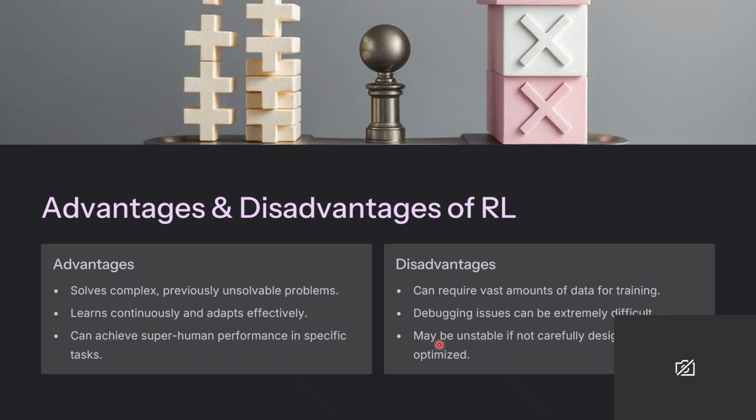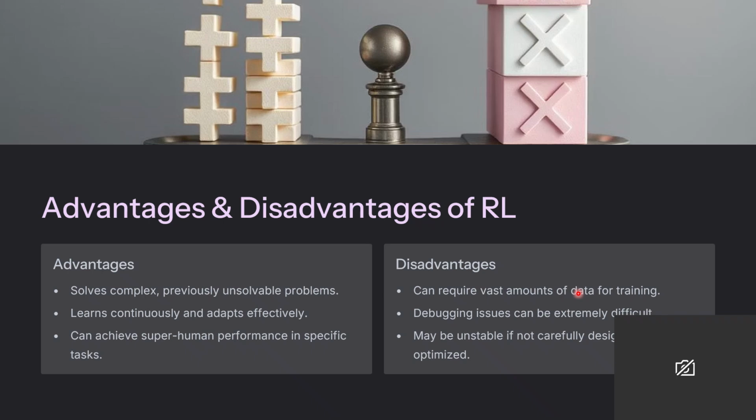And the disadvantages are it often needs a lot of data and time to learn well. To train reinforcement learning models, it takes more and more time to train the model and to get more accuracy from it.